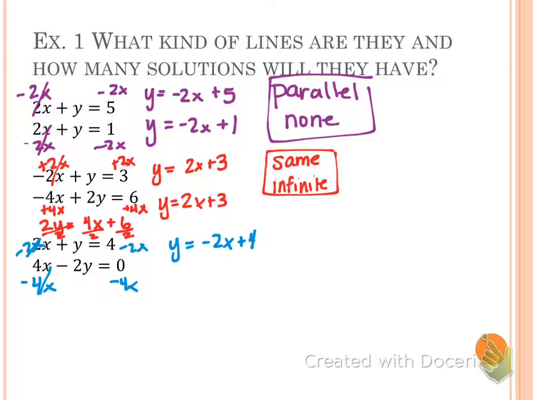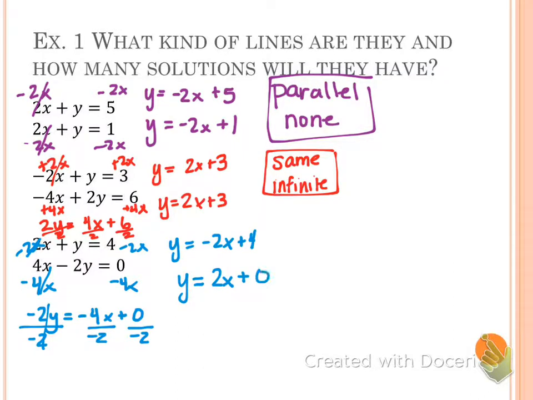That's okay. We can write negative 2y equals negative 4x plus 0. All right, what would I do now, Hannah? Very good. Divide by negative 2 everywhere. And I get y is equal to 2x plus 0.